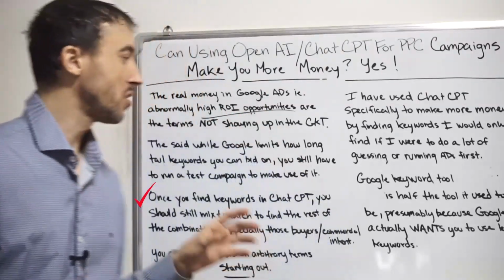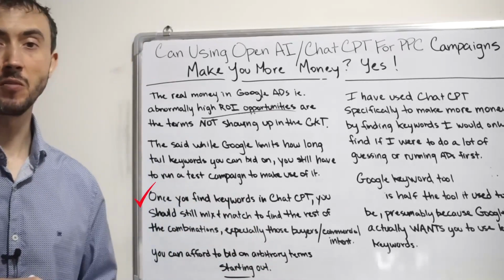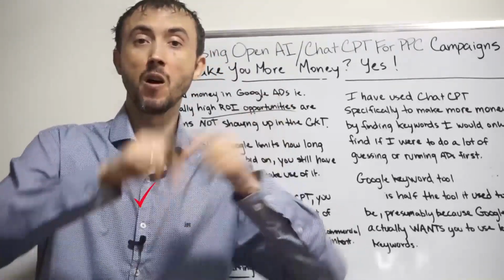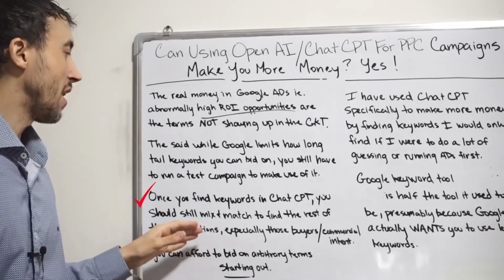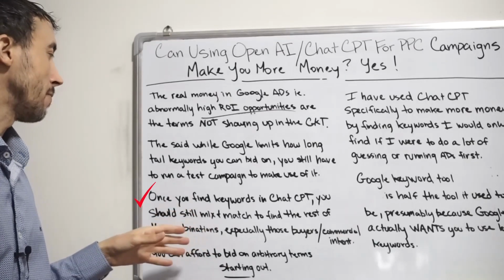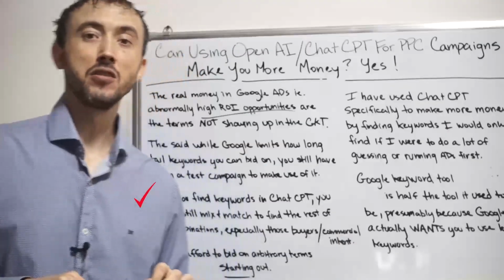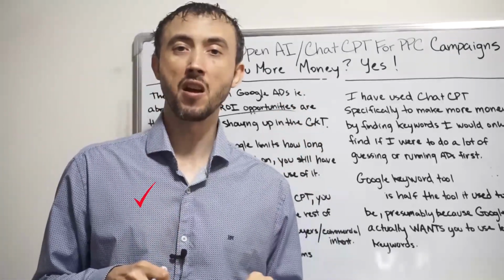And then, once you've gotten that comprehensive list, maybe it starts out with 10,000 combinations of mixing and matching all the different words of the keywords you find, you can run a test campaign in Google search like I do, and see which keywords show up as low search volume, where you can't bid on them, and which ones don't.